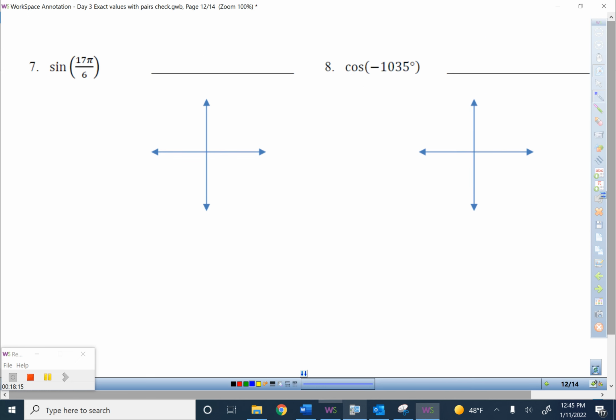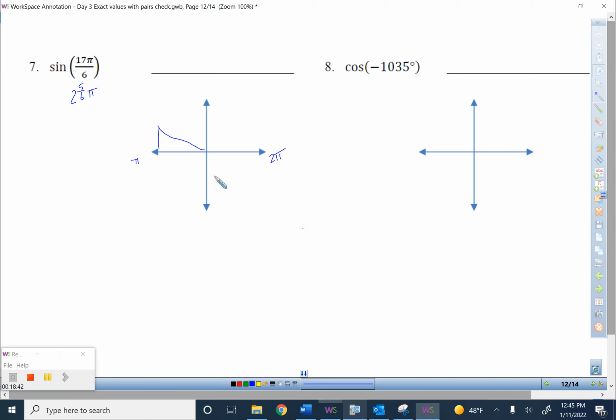Next one's a little bit tricky to find, like where it's located on a picture, but mixed numbers help us with this. So if we change this, 6 goes into 17 2 times with 5 left over. So this is 2 pi with 5/6 pi left over. I know that 2 pi is here and 1 pi is here. I go full way around 2 pi and 5/6 another lap around.